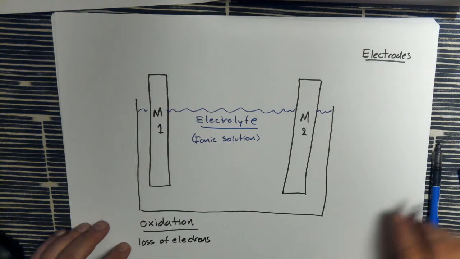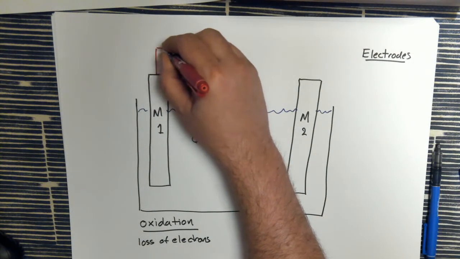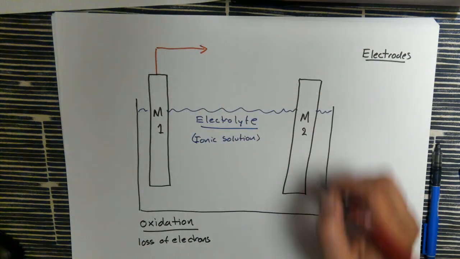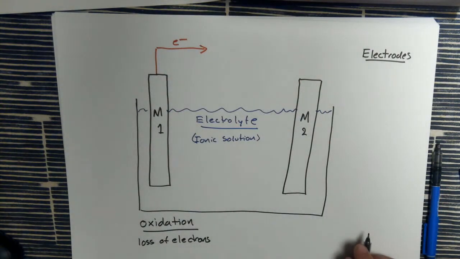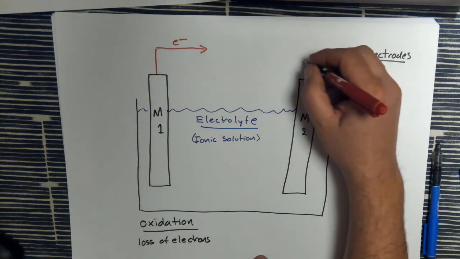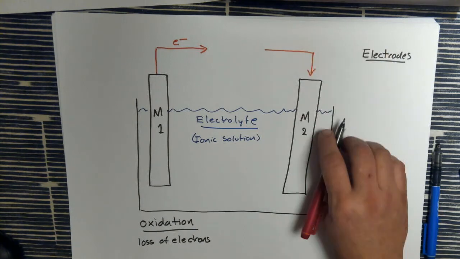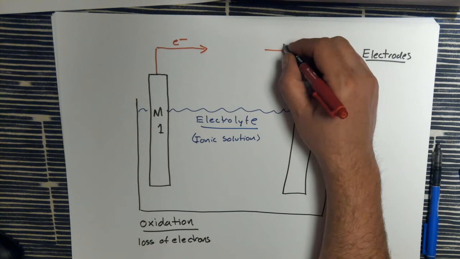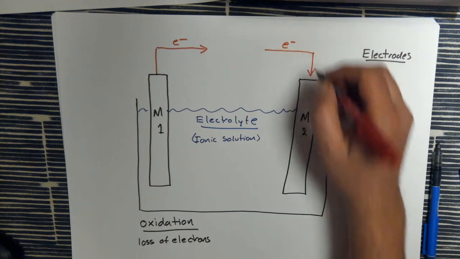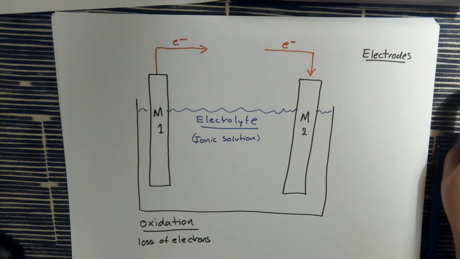So if it's losing electrons, then the electrons are going away and they're leaving this electrode. And if that's going to be the case, they have to be going somewhere, because in redox reactions, or oxidation-reduction reactions, you can't have electrons flying off into space. If you are in the outer atmosphere and you're being bombarded by radiation from the sun, you can be going off into space, but not in normal situations.